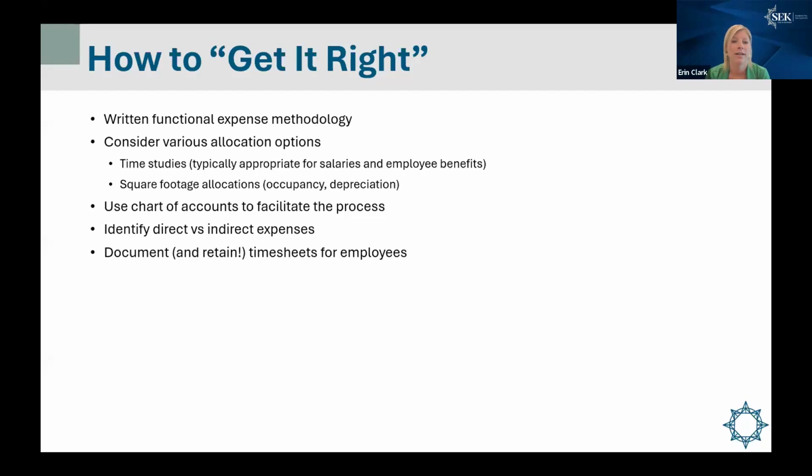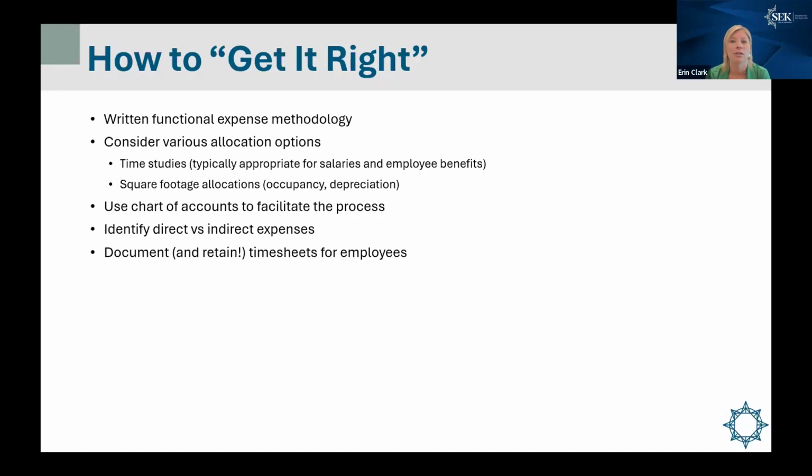Making sure that you're considering various allocation options, which we just discussed. Again, these are not the only two viable options, but they are the two most frequently used and easy to track methodologies. You can use your chart of accounts to facilitate the process. So whether that is having a separate GL account for each type of expense, as well as specific functional classifications.